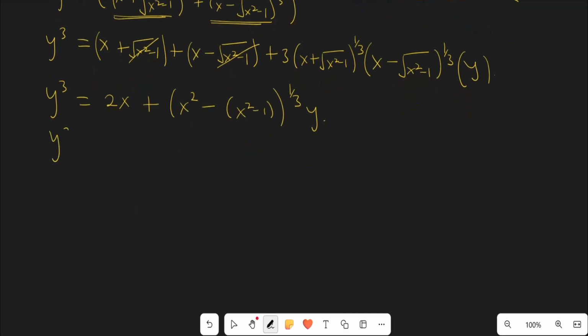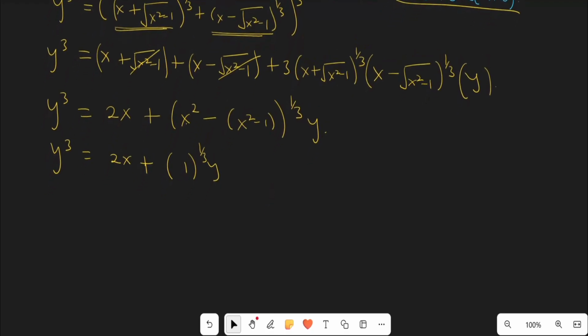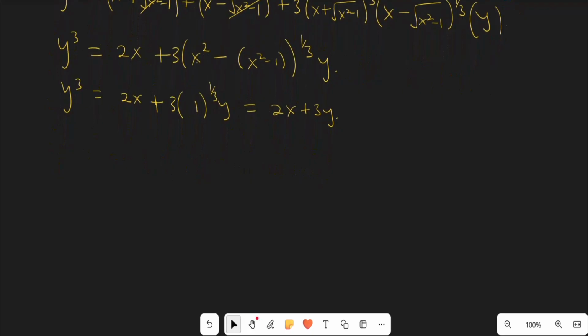So y cubed is going to be 2x plus 1 raised to the power 1/3 times y. I'm forgetting something. There's a 3 here that I'm forgetting. I'm sorry about that. So now you are getting 2x plus 3y, because 1 raised to the power 1/3 is 1. So y cubed is equal to 2x plus 3y.